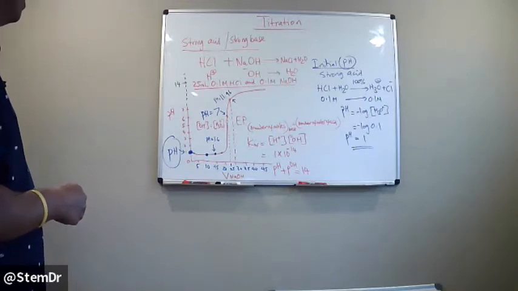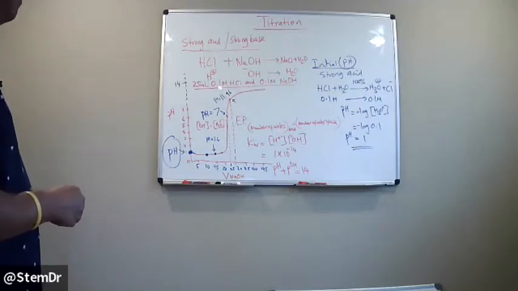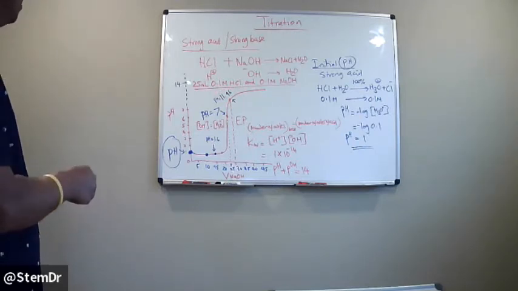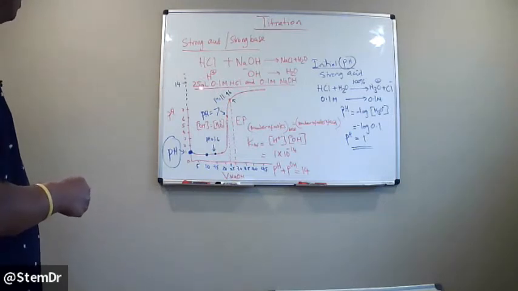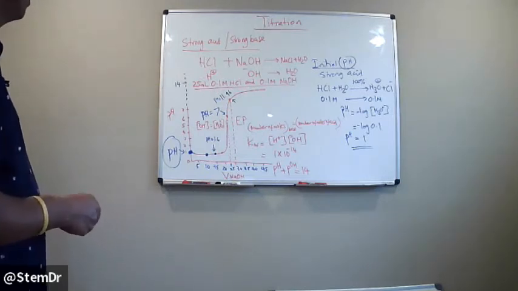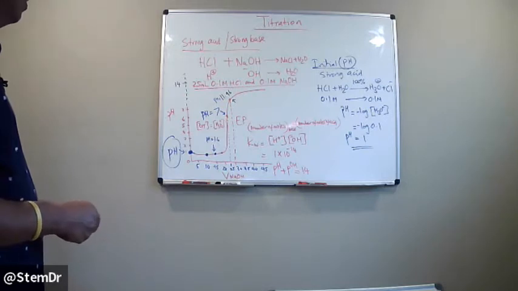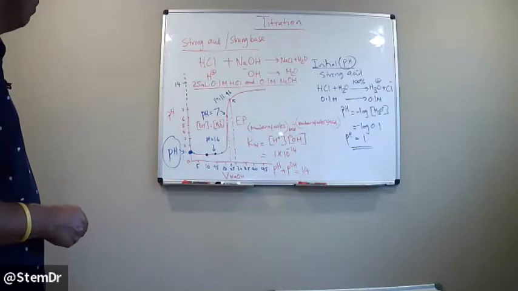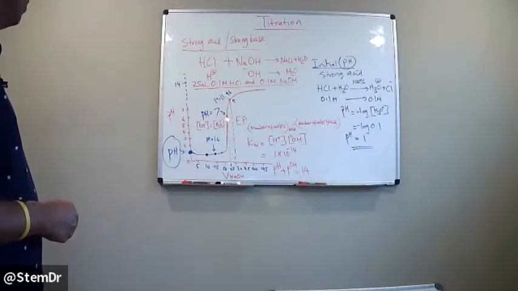That should exactly equal 25 times 0.1 hydrochloric acid, which is 2.5 millimole. So at that point, when you add exactly 25 ml of sodium hydroxide to this solution, the number of moles or millimoles are equal. The number of moles of base and of acid are equal. That gives you a neutral pH, pH 7.